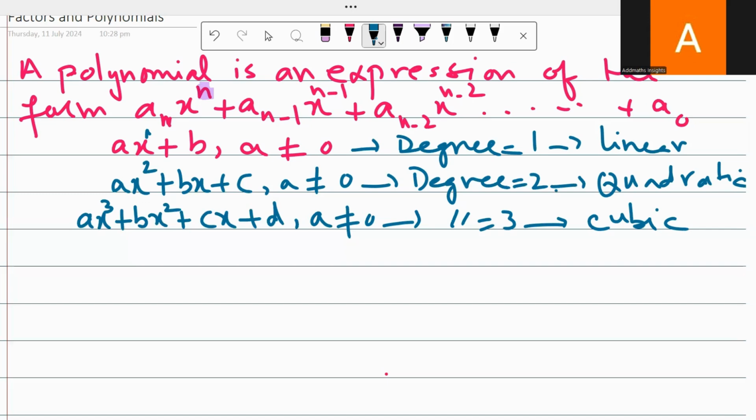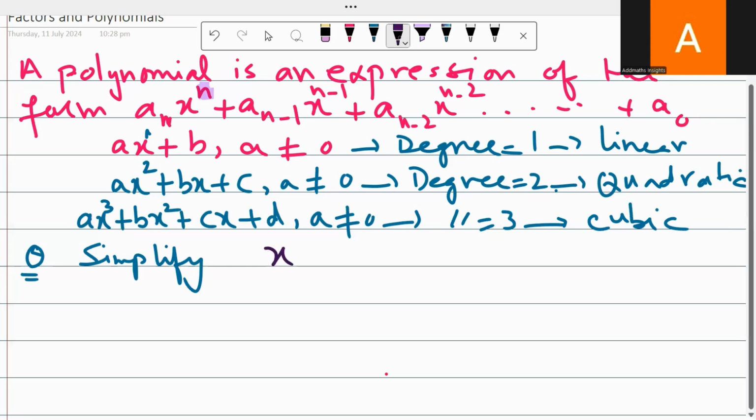For example, if you have a question of this type, you have to simplify: (x² − 3x + 2) over (x − 1). How can you simplify?